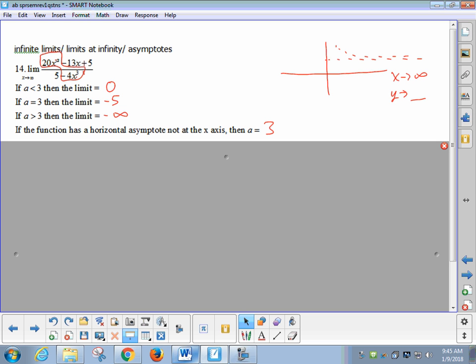Last but not least, if the function has a horizontal asymptote not at the x-axis, then that implies that there is some y value that the graph is approaching. That only happens if the powers are equal, and so that would imply that A must be equal. Cool?